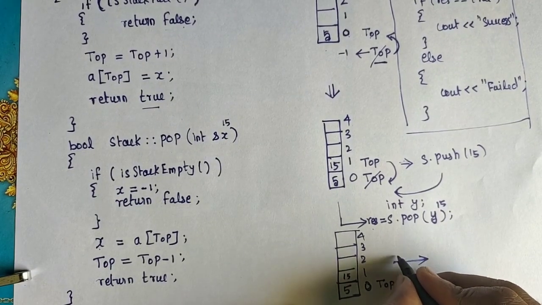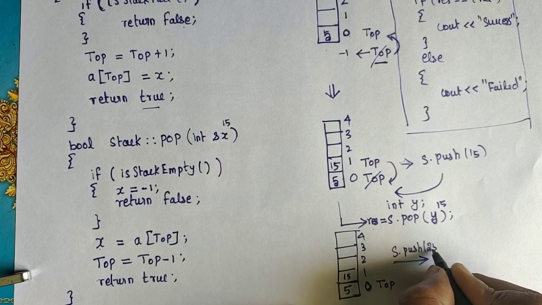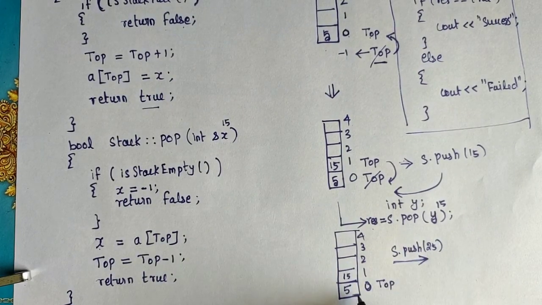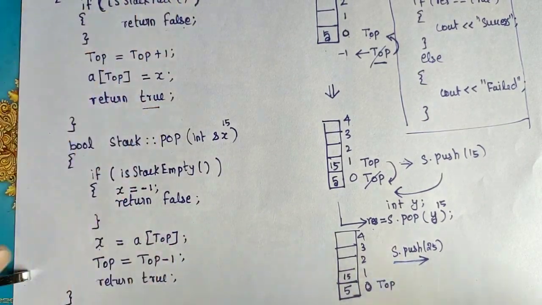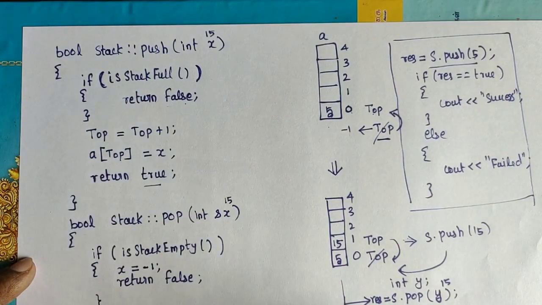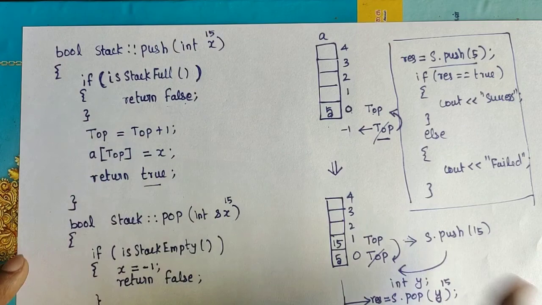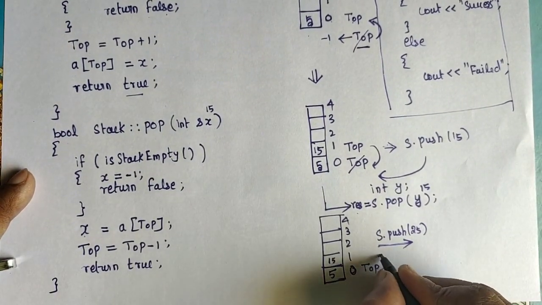If you are going to insert a new element, s dot push of some 25 like this, what will happen during the push operation? It will check whether the stack is full, the stack is not full, so top equal to top plus 1, and the top will be moved to the next free location.